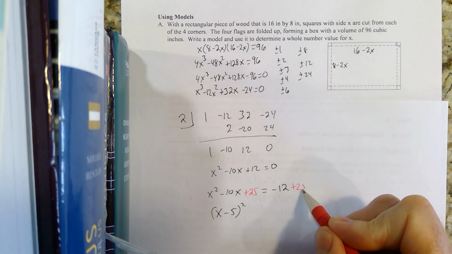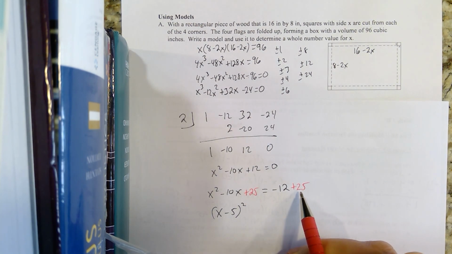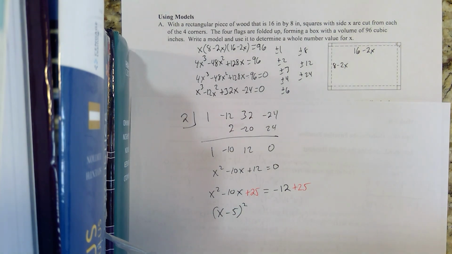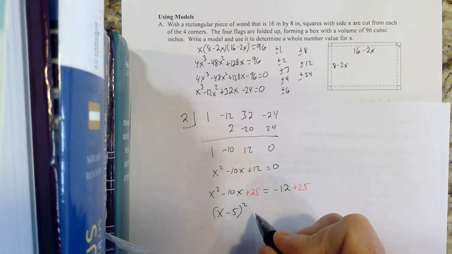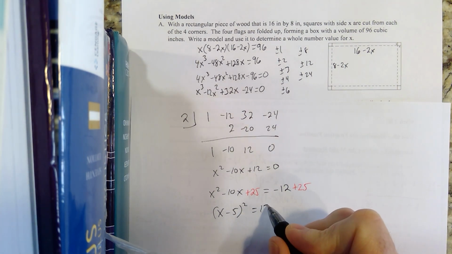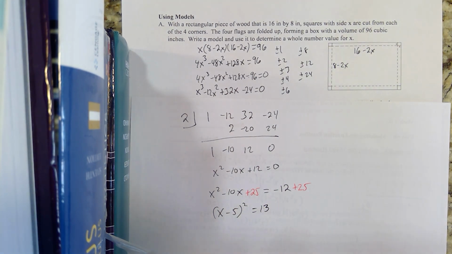And if I add 25 to the left side of my equation, I have to add it to the right side of my equation as well. Okay, so I have the quantity x minus 5 squared equals 13. So go ahead and square root. And I get my 2 roots.